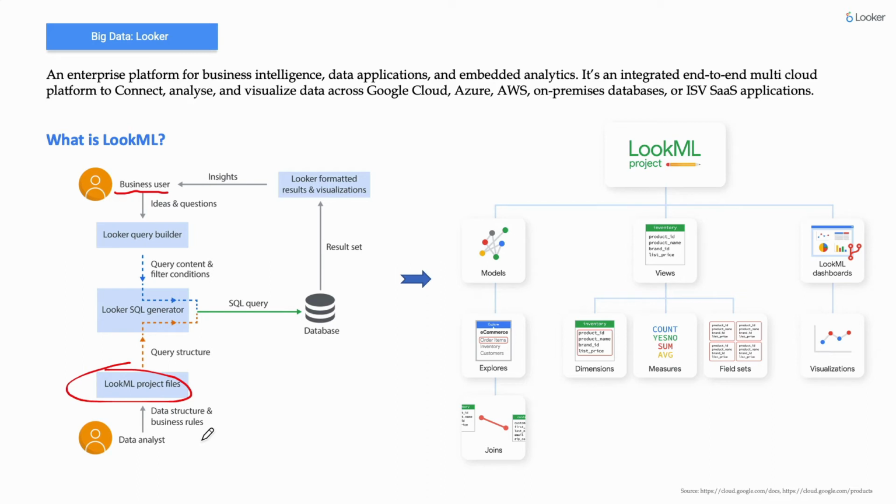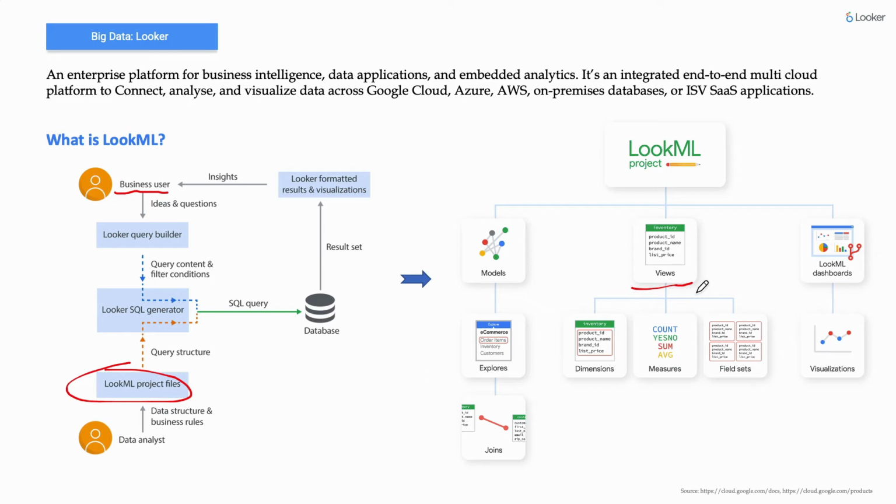Then comes view. A view contains information about how to access or calculate information from each table or across multiple joined tables. Here you will typically define the view, its dimensions, measures, its fields, and sets.